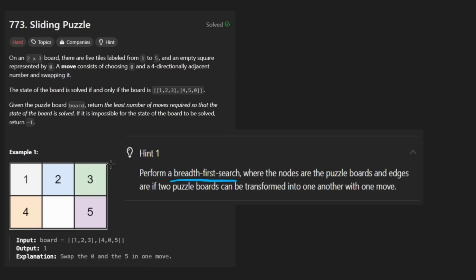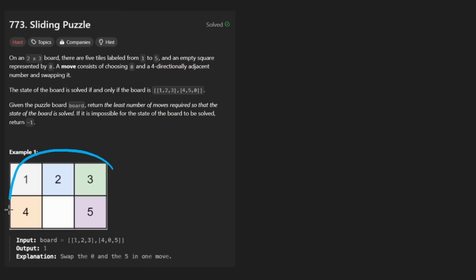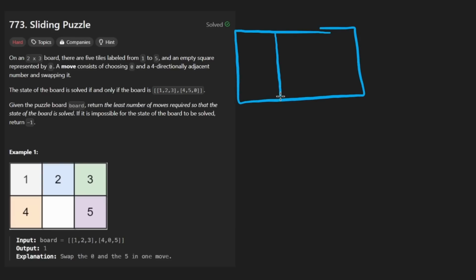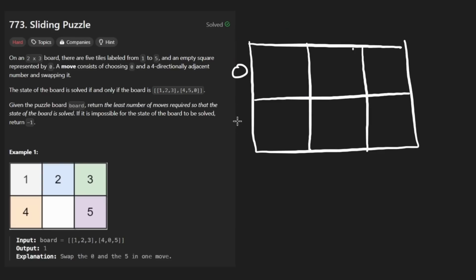I think the hard part becomes doing it on this state, like on this 2-dimensional board. It is definitely possible. We could have some kind of mapping. Think of it this way. So we have this board. This is row 0, this is row 1, column 0, 1, 2. The neighbors of this are this guy and this guy.